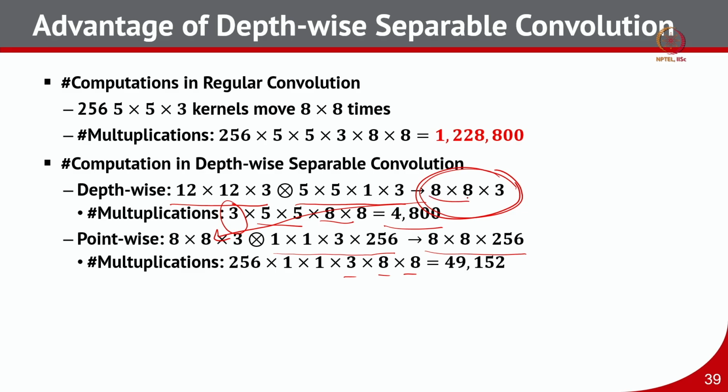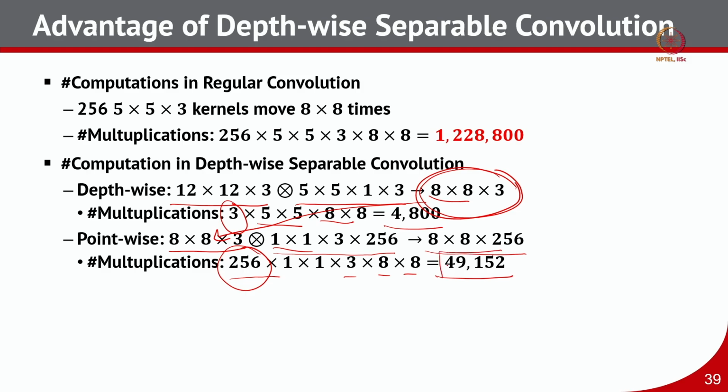We have 3 channels in the input, and all those 8 by 8 by 3 numbers in the input will get multiplied by the weights 1 by 1 by 3, right. And then since we have 256 of the filters, the total number of multiplications will be multiplied by 256. So, this is the total number of multiplications for point-wise convolution.